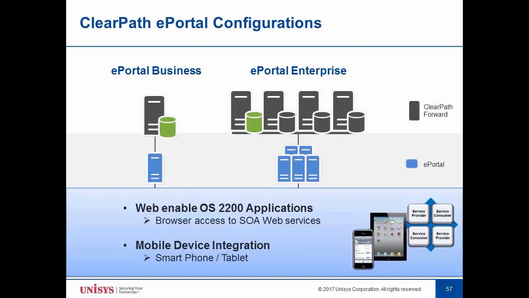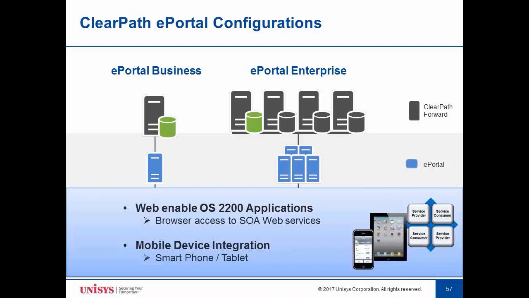And that's especially important for the ePortal Enterprise, where it can actually be implemented to support multiple ClearPath Forward Dorado systems. So the ePortal Enterprise capability, and we have customers that are doing this, can then be utilized with multiple ClearPath Dorado and OS 2200 implementations.